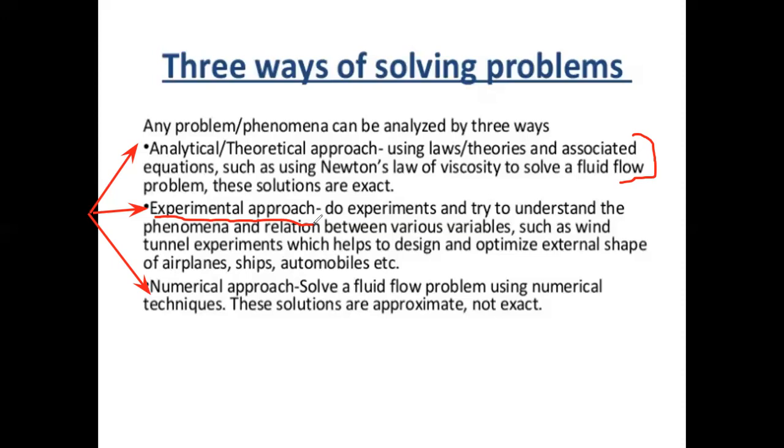This will give me a good idea about how my flow is varying, how my temperature is varying, etc. But the disadvantage is that I need a lot of time to perform it, and it involves a very high cost. This is why I can use it as a validation approach. So the experimental approach is widely used with CFD as validation.